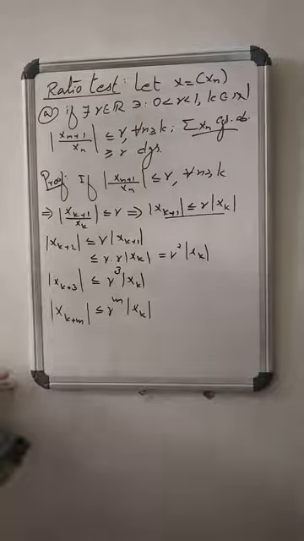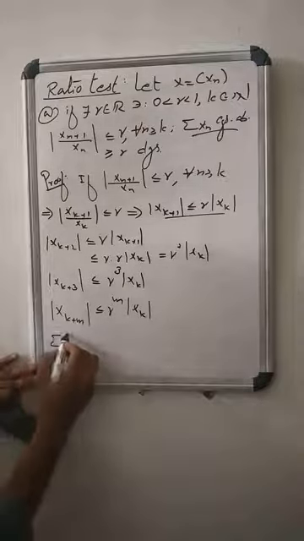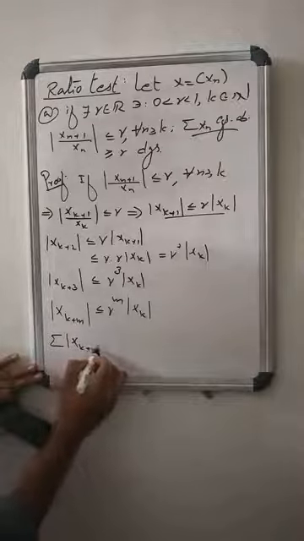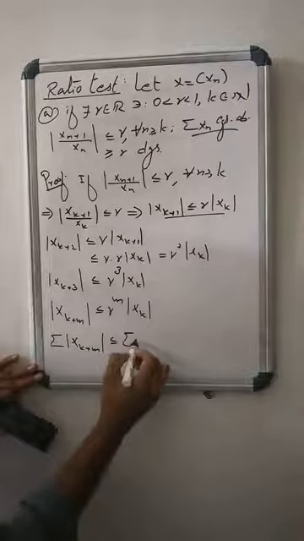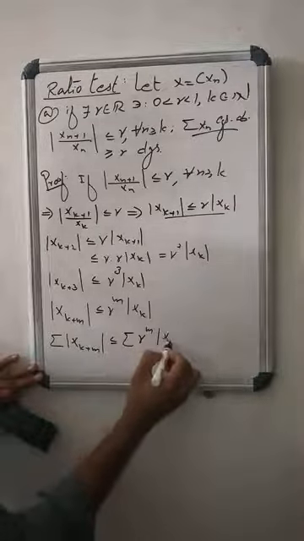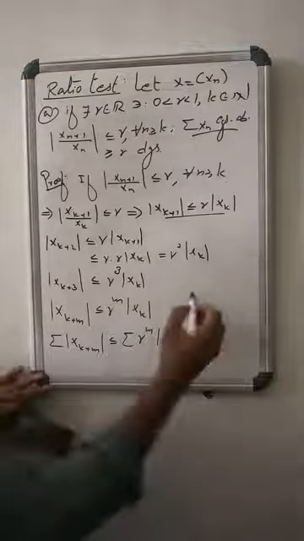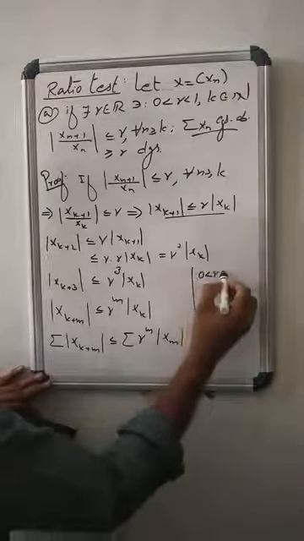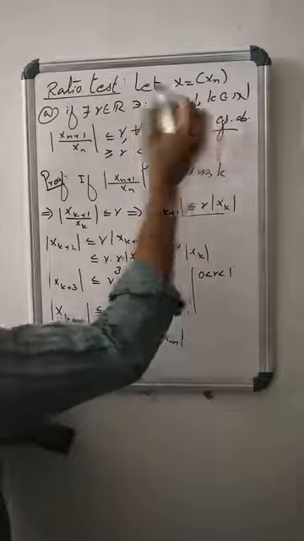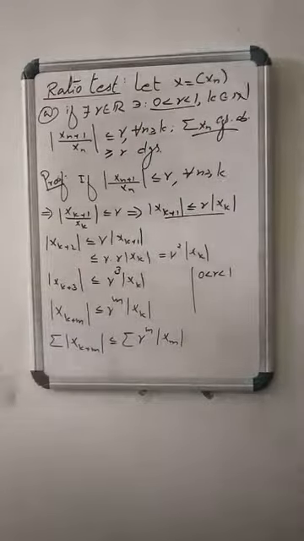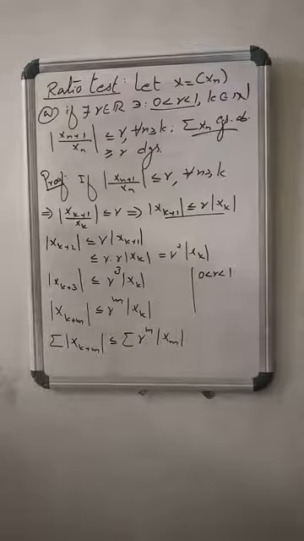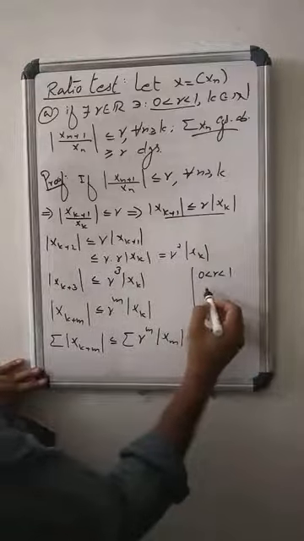Taking sigma on both sides, sigma modulus of xk+m is less than or equals sigma r power m into modulus of xk. But what is r? r lies between 0 and 1, that is from the hypothesis.